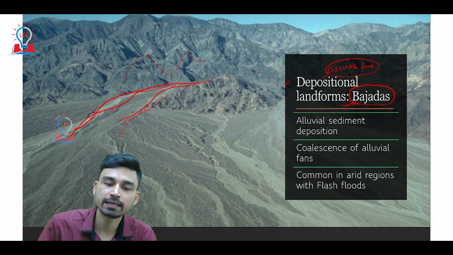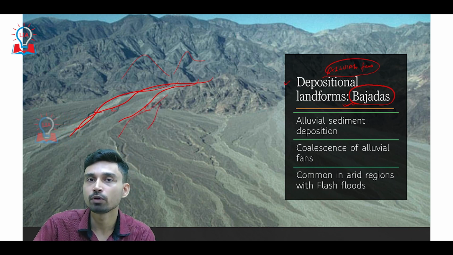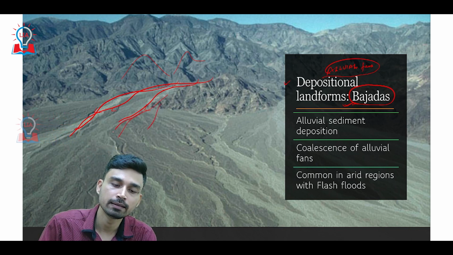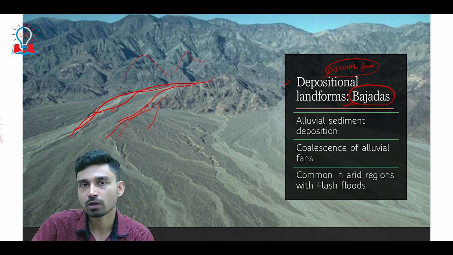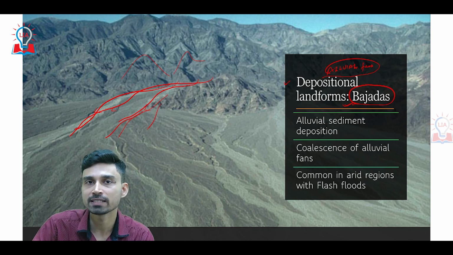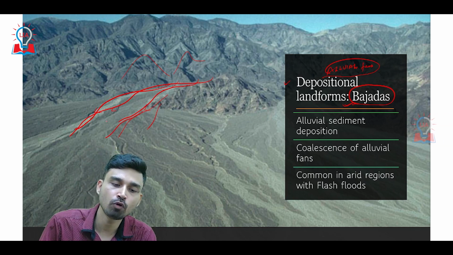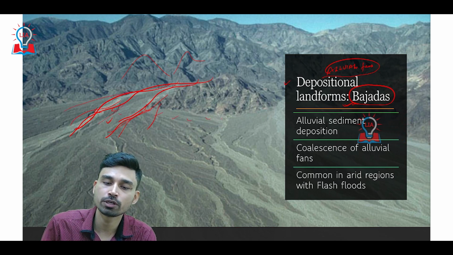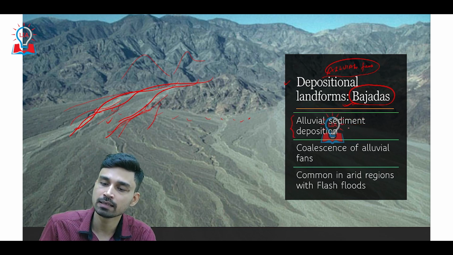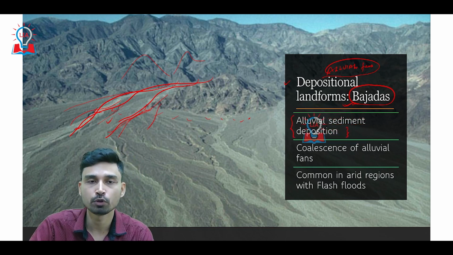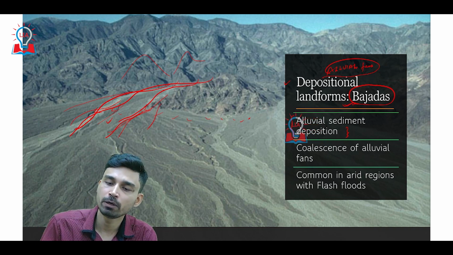But as they enter the plain area and reach the foothills, their sediment carrying capacity decreases, because the slope has decreased a lot, and the water flow volume decreases, so the sediments cannot be carried forward anymore. They are deposited near the foothill region, and thus bahadas are alluvial sediment depositions. Then we have development of alluvial fans.